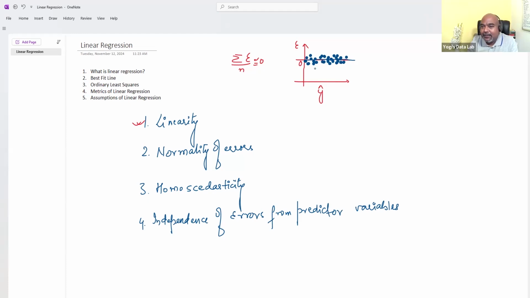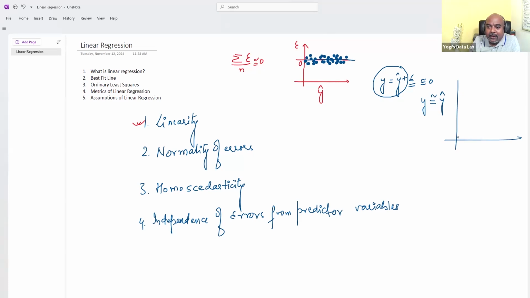What does this mean? It means that my errors are approximately 0, and throughout my predicted values my average error is 0. If I look at y is equal to y cap plus epsilon, and epsilon is approximately equal to 0, then my y is approximately equal to y cap.